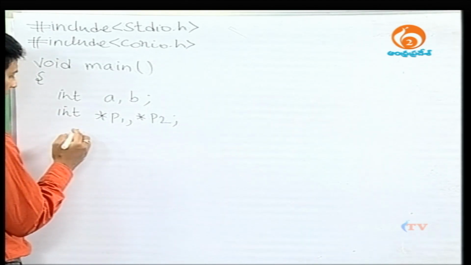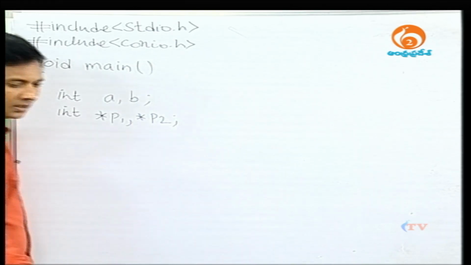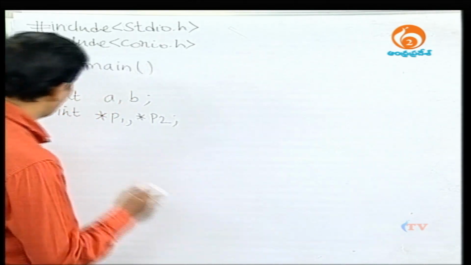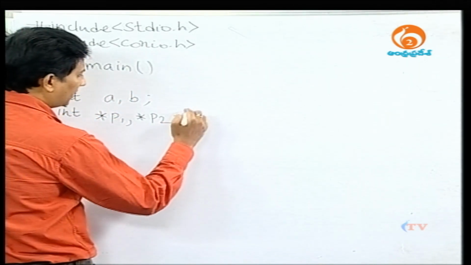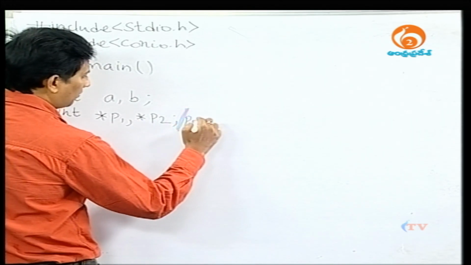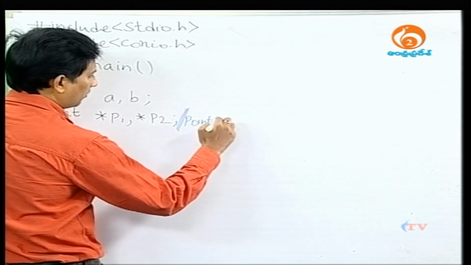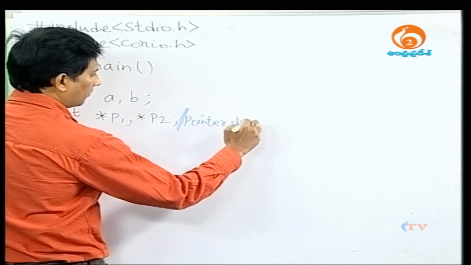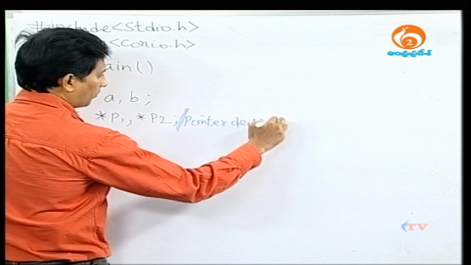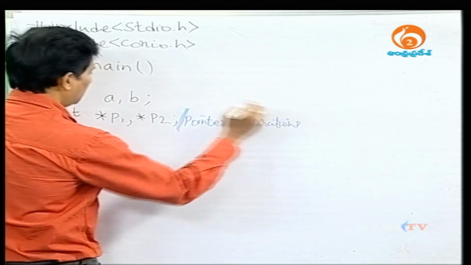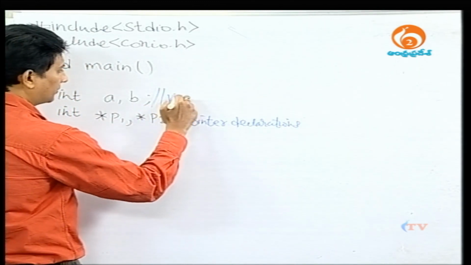Now we are going to write the pointer declaration. This is the pointer declaration, and this is the variable declaration.